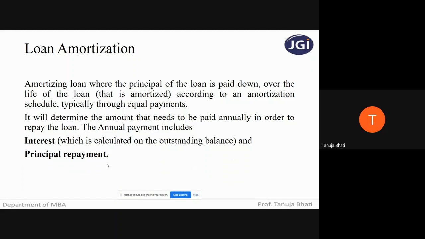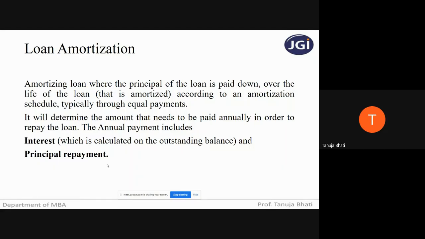And the installment that you are repaying over a period of 10 years will include interest as well as the principal amount, because the bank has to charge interest, since interest is the earning that the bank gets towards the loan it is giving to customers. So loan amortization means the loan amount will be amortized over the period of the loan.